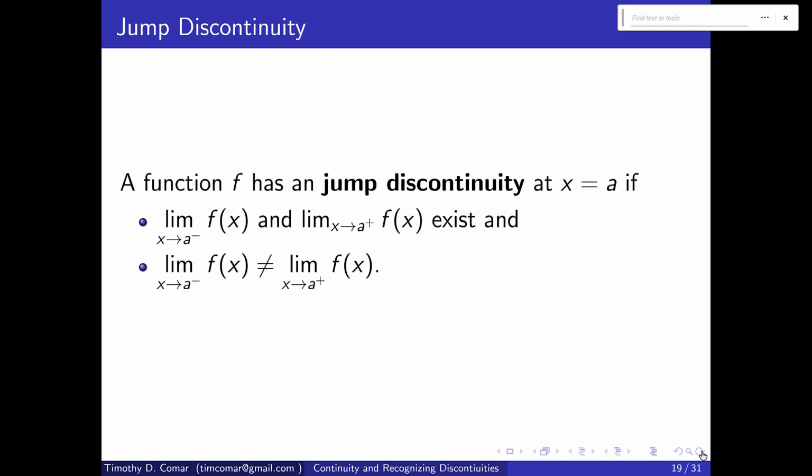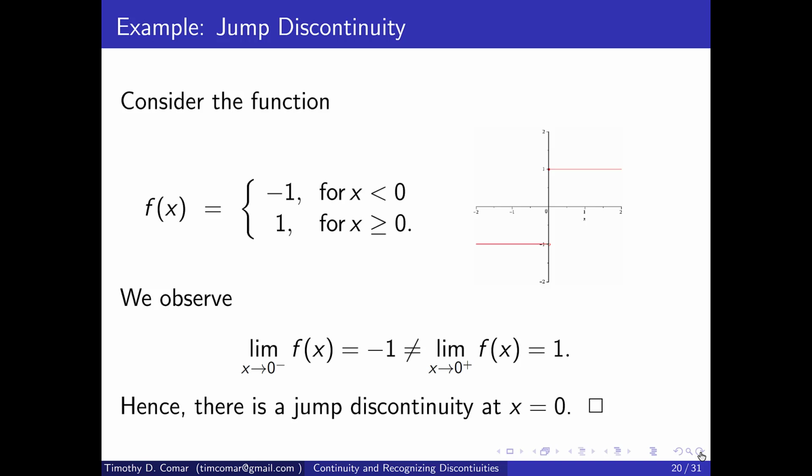A function f has a jump discontinuity at x equals a if both the left and right-hand limits of f at a exist, but they're not equal to each other. Here's an example.